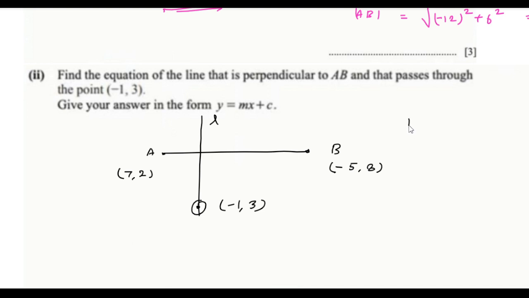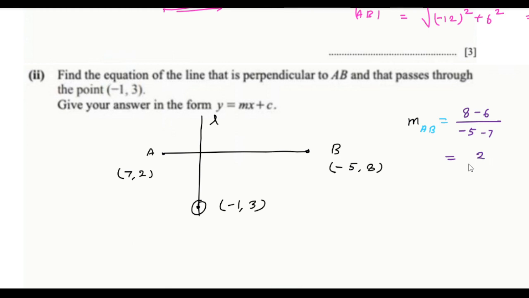So what I will do, I will first find out the gradient of AB. So m of AB. So the gradient of AB is what? It is 8 minus 2 divided by minus 5 minus 7. Any point you can take as x1, y1.